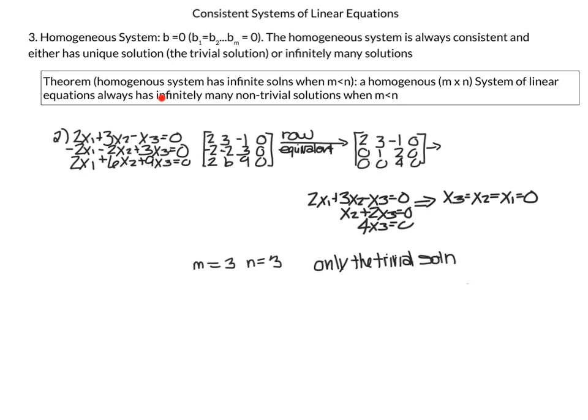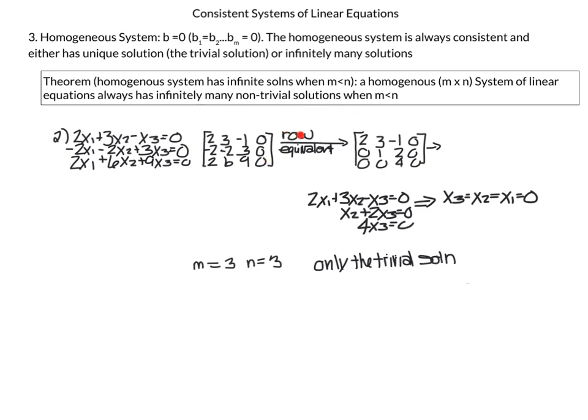My second example with this theorem is the system of equations 2x1 plus 3x2 minus x3 equals 0, minus 2x1 minus 2x2 plus 3x3 equals 0, and the last equation 2x1 plus 6x2 plus 9x3 equals 0. And that can be represented by the matrix 2, 3, negative 1, 0, negative 2, negative 2, 3, 0, 2, 6, 9, 0.